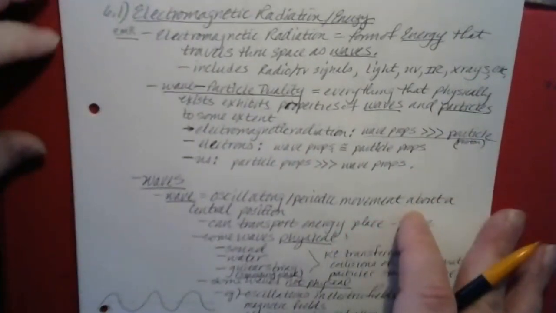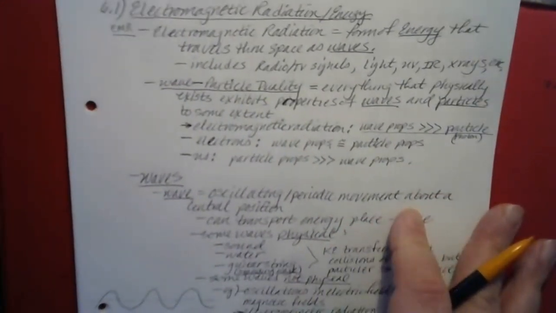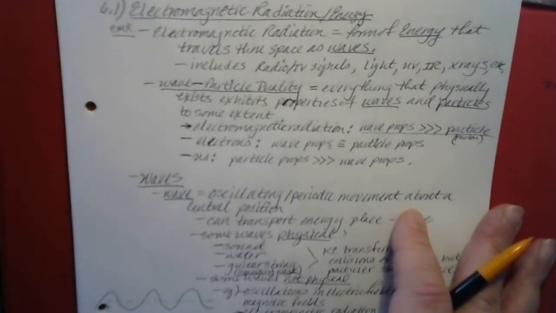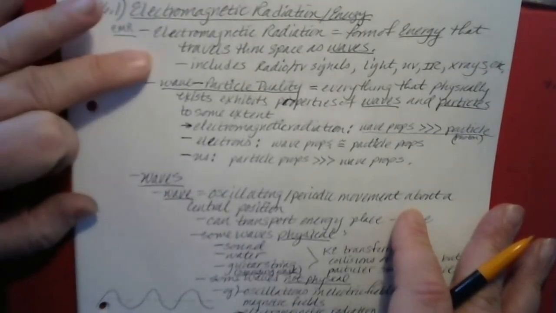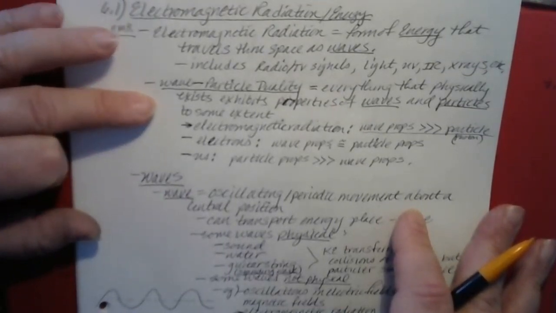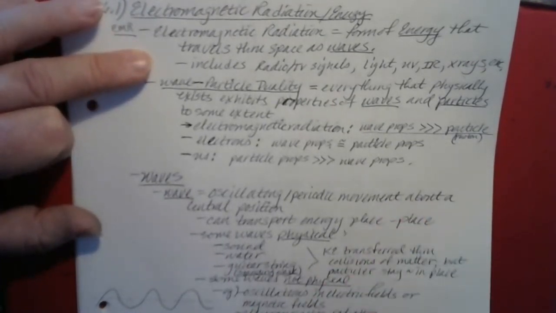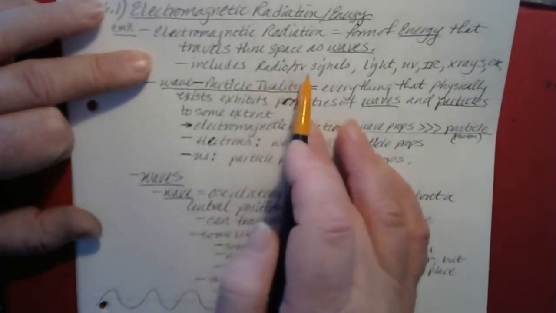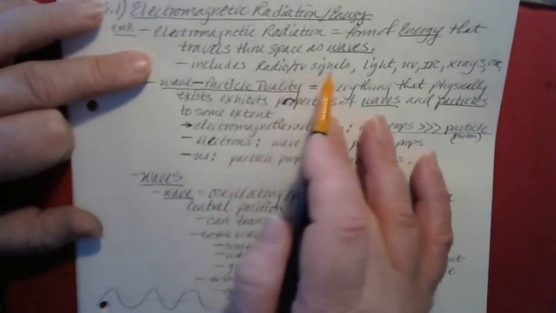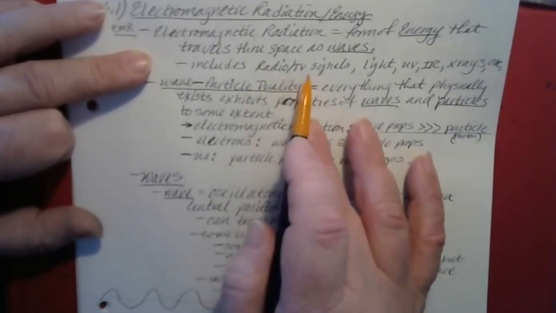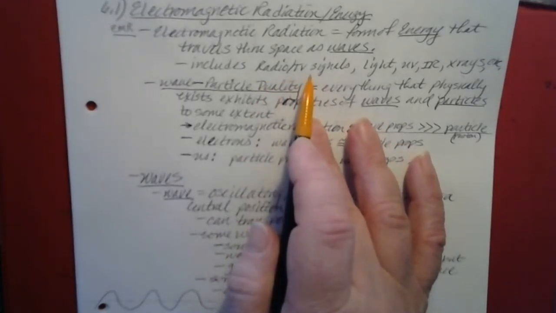Now, electromagnetic radiation takes in more than what you probably think of as radiation. When most people hear the word radiation, they think of nuclear radiation, which is a form of electromagnetic radiation, but it's not the only one. Electromagnetic radiation takes in a broad range of types of energy that travel as waves, and that can include anything from radio and TV signals that have such low energy that we are being constantly bombarded by radio and TV signals from all of the different radio and TV stations in town.